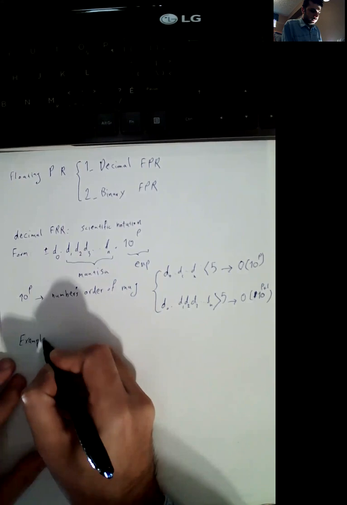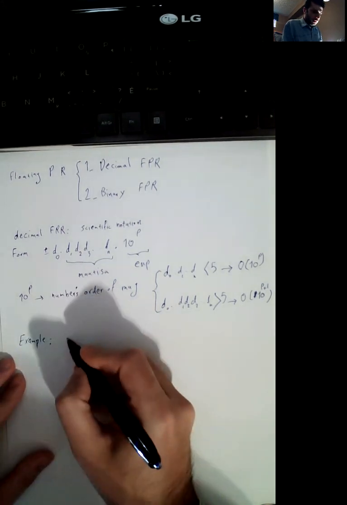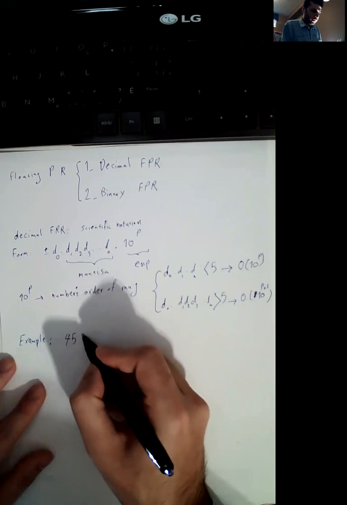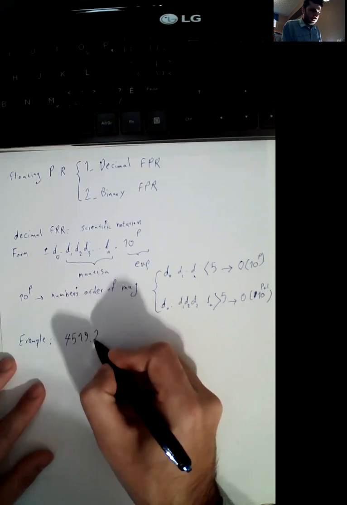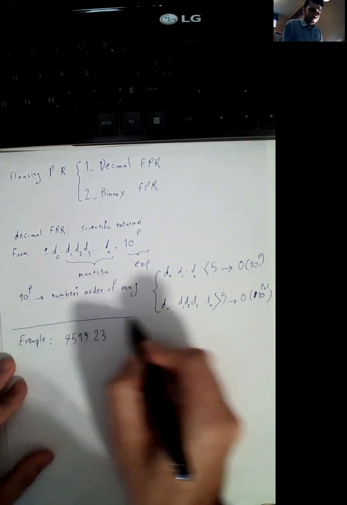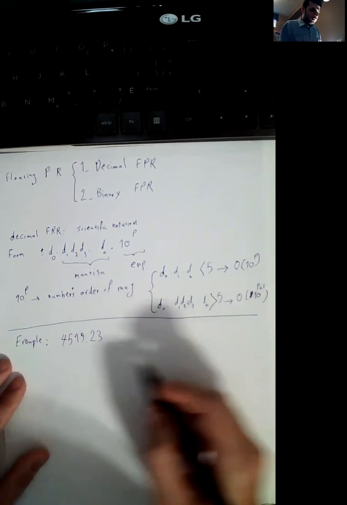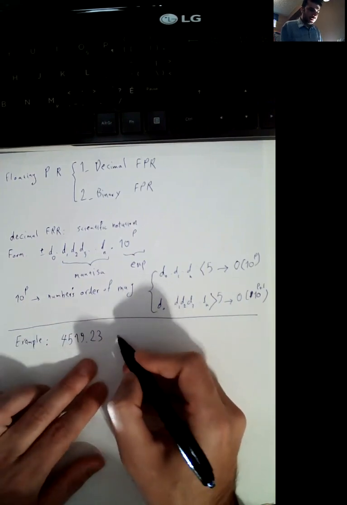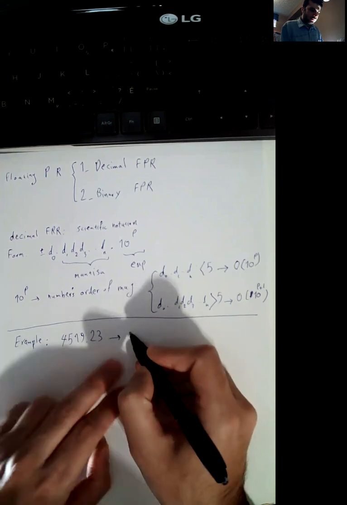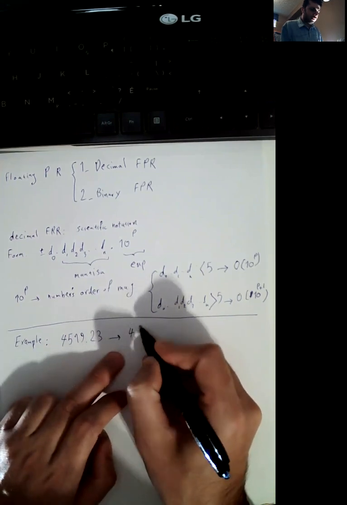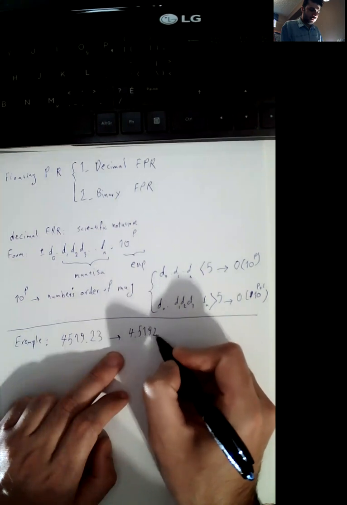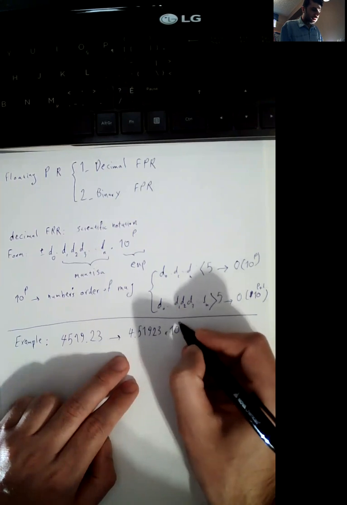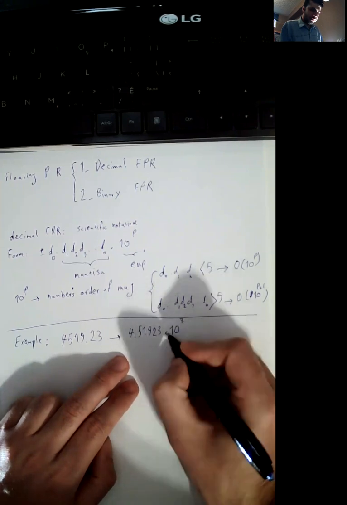Example 1: we have the number 4519.23. For this number, the decimal floating point is 4.51923 times 10 to the power of 3.